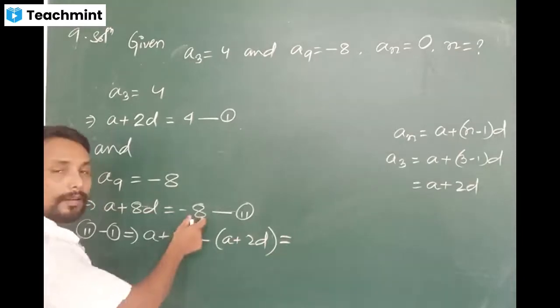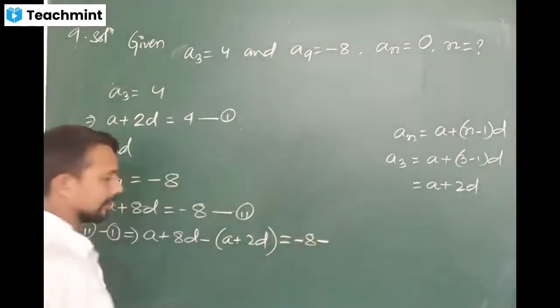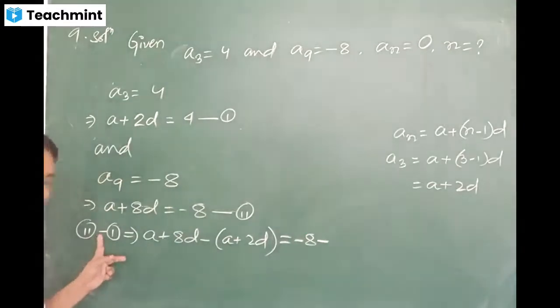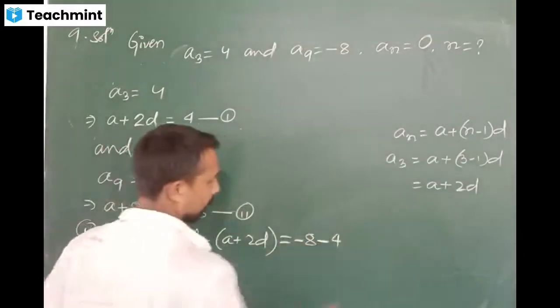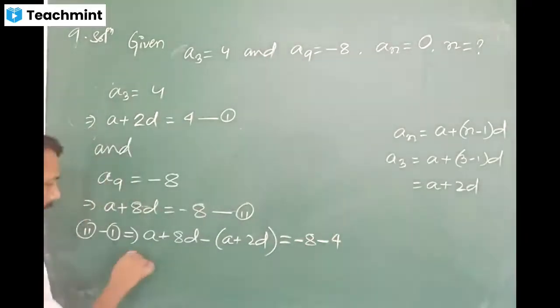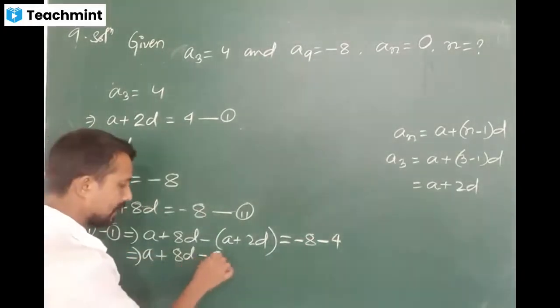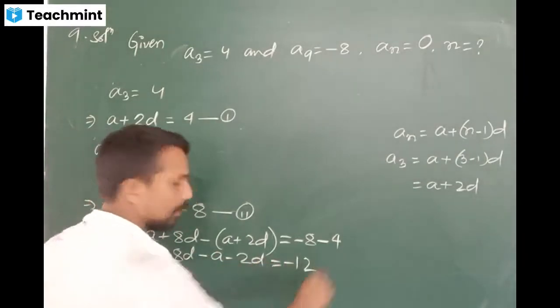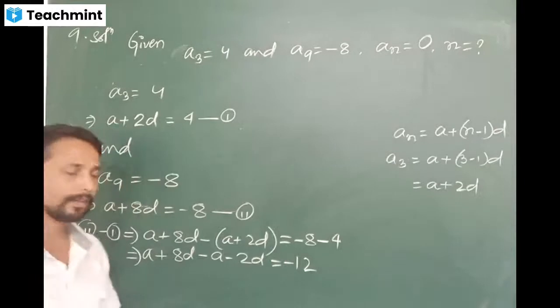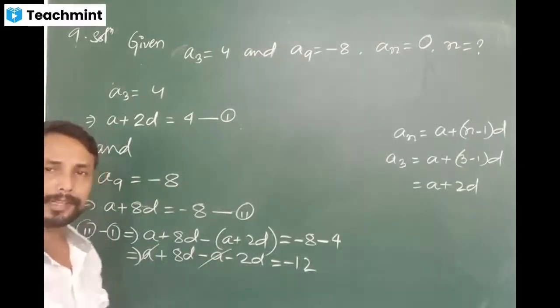equal to minus 8 minus 4, since we are doing the minus here, so the symbol is minus. Now A plus 8D minus A minus 2D equals minus 12. Now minus A plus A cancel here.